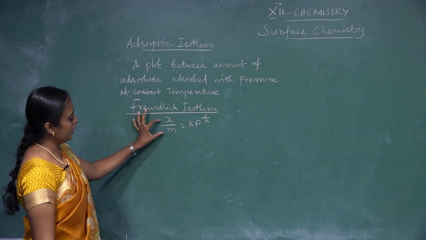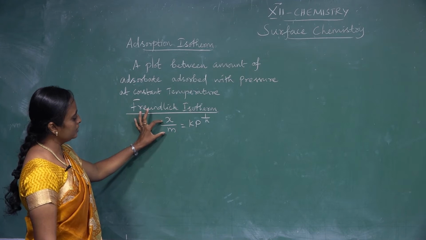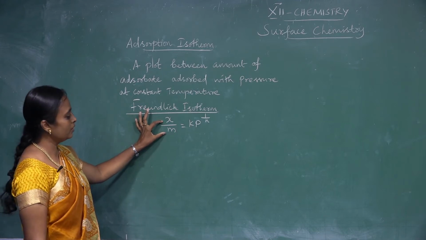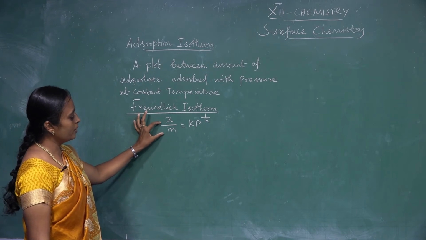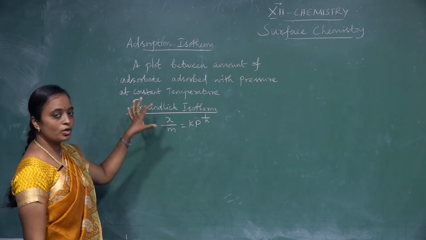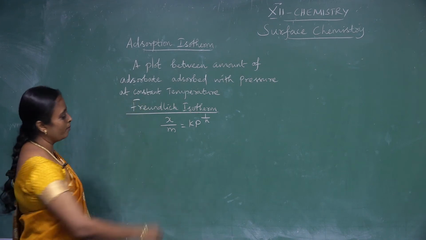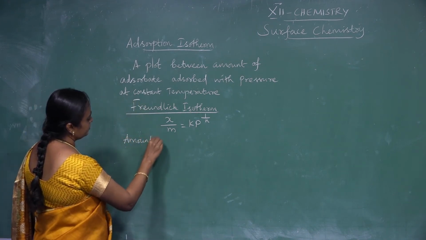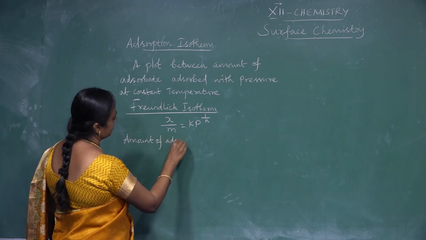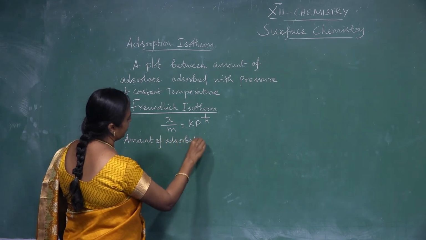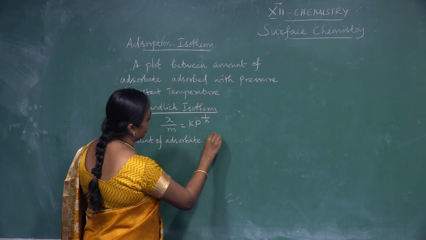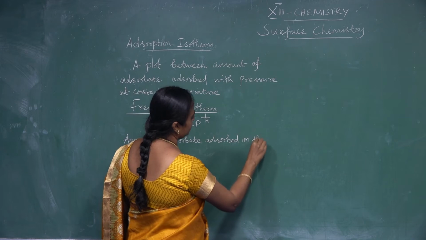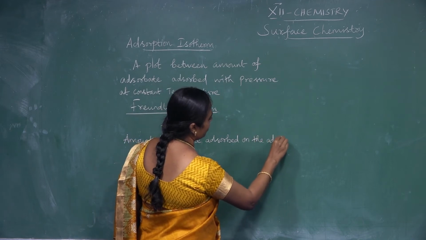Where, what is x by m? x is the amount of the adsorbate. x by m is the amount of adsorbate adsorbed on the adsorbent.